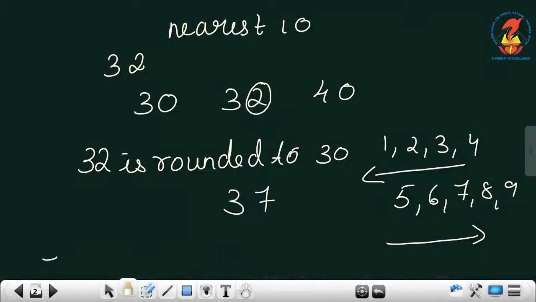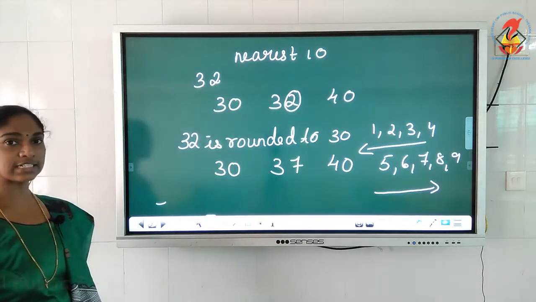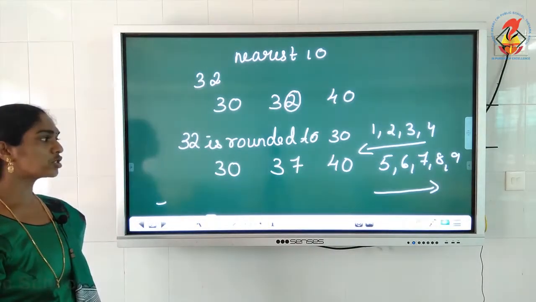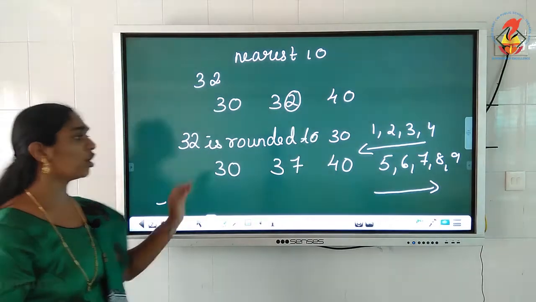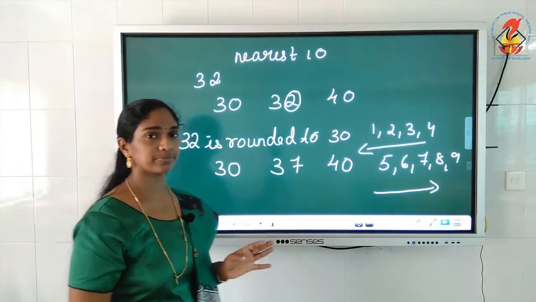Now, if I take 37, again 37 is coming between 30 and 40. Yes children, 37 is coming between 30 and 40. So where will 37 go? Will it go to the first 10 or the second 10?